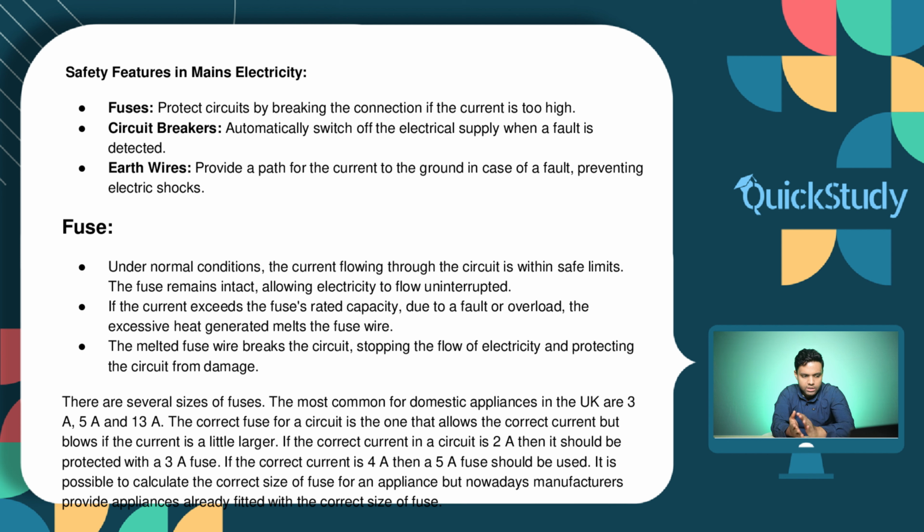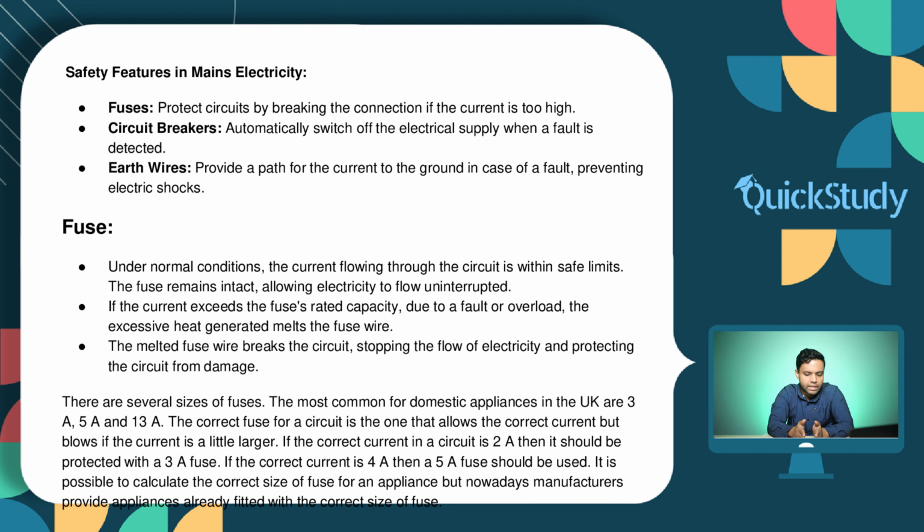In case of fuses, there are several sizes of fuses. The most common domestic ones in the UK are 3 ampere, 5 ampere and 13 ampere fuses. The correct fuse for an application can be easily determined. For example, if a fan uses 10 amperes of current, we would have to use a fuse which is a little bit higher but not too high.